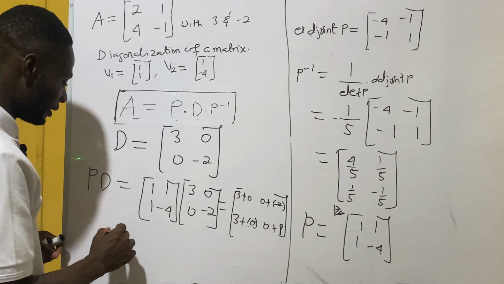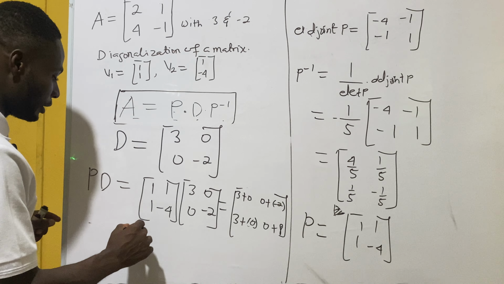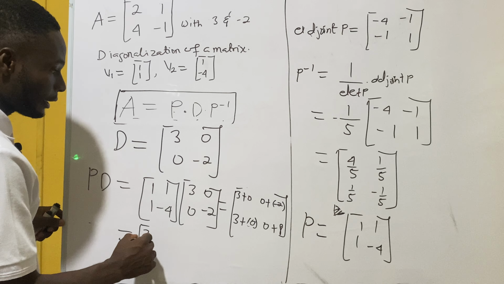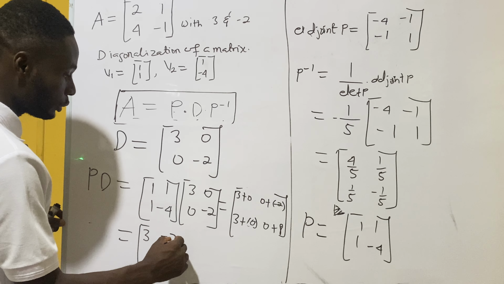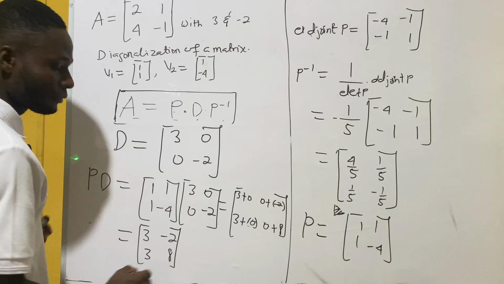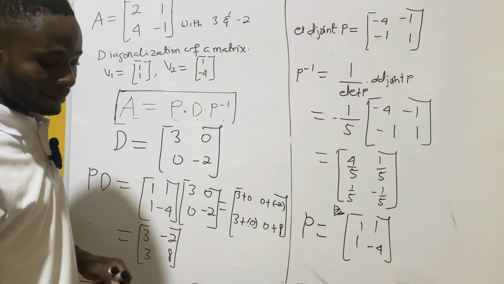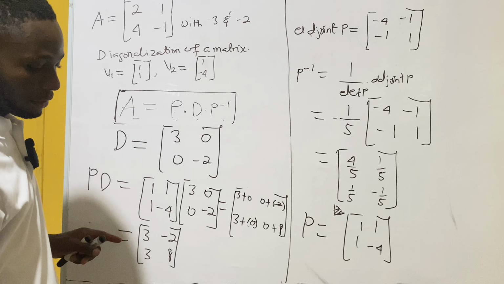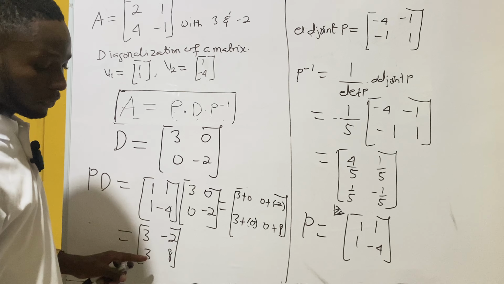So basically we have our PD to be 3, 2, 3, and 8. This is the result for the PD.